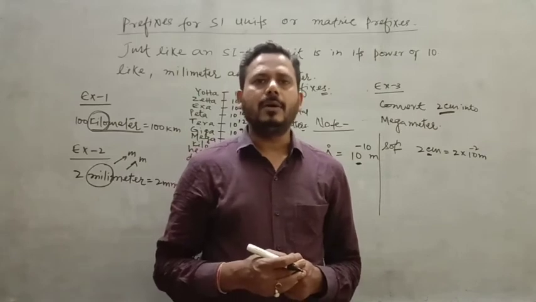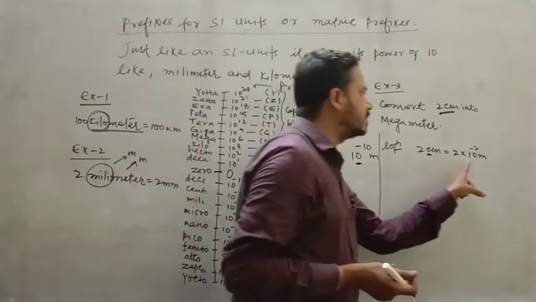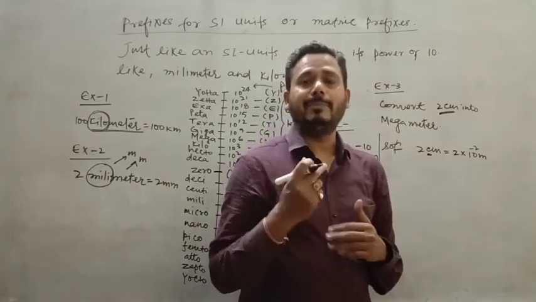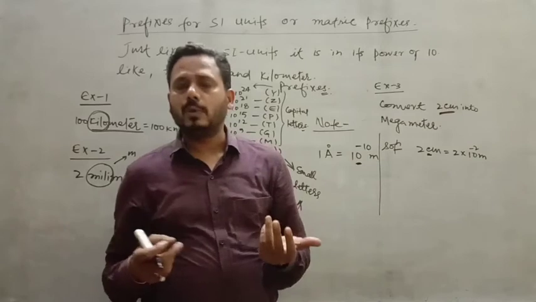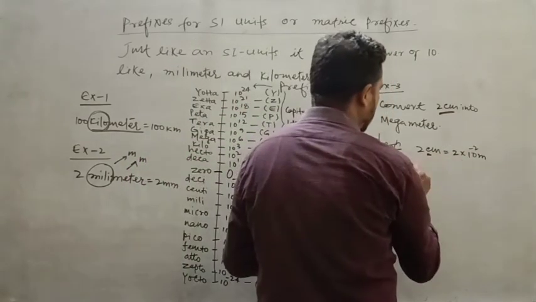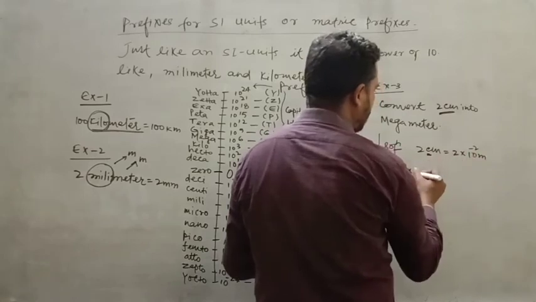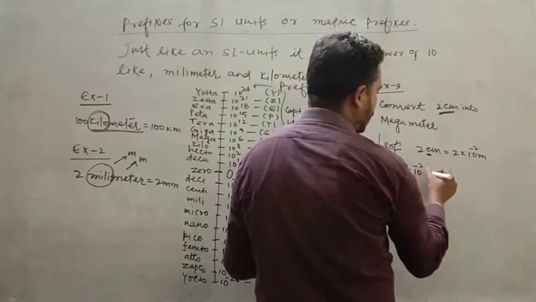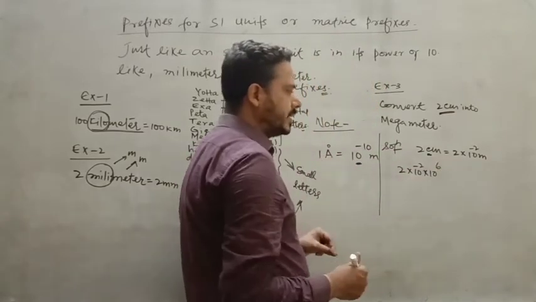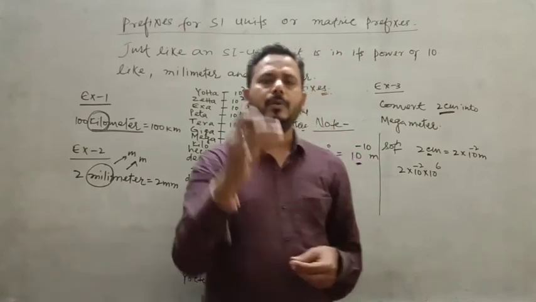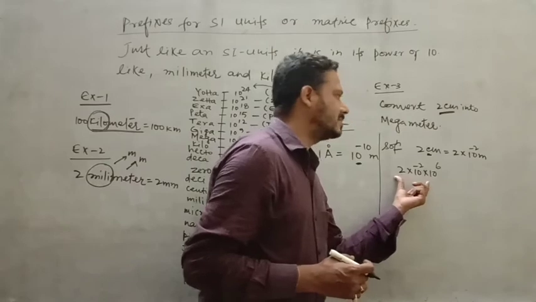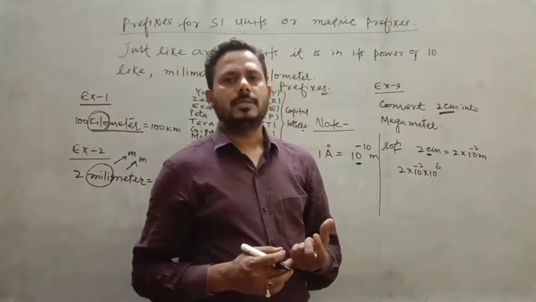Now again you have to convert this one into mega, because you want megameter, and mega means 10 raised to 6. So see here, now you have 2 cross 10 raised to minus 2, and you want 10 raised to 6. Because you have taken 10 raised to 6 from your own side, you need to divide by 10 raised to 6. That means these numbers will be balanced.